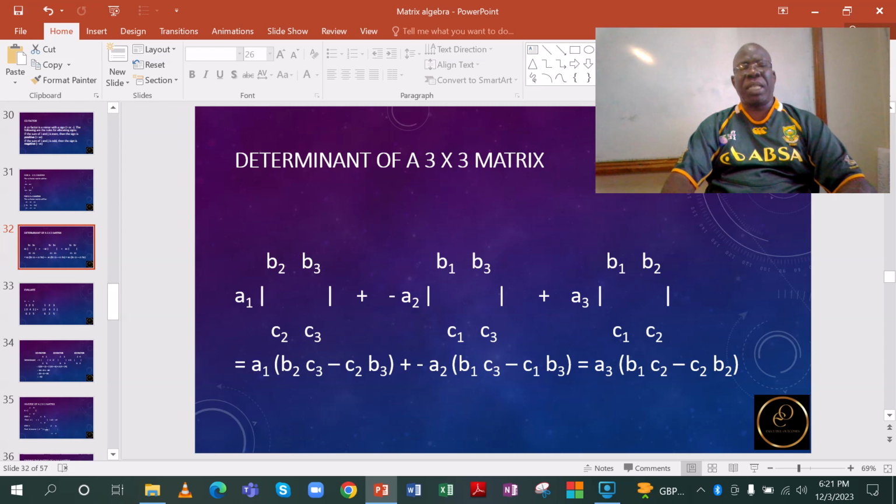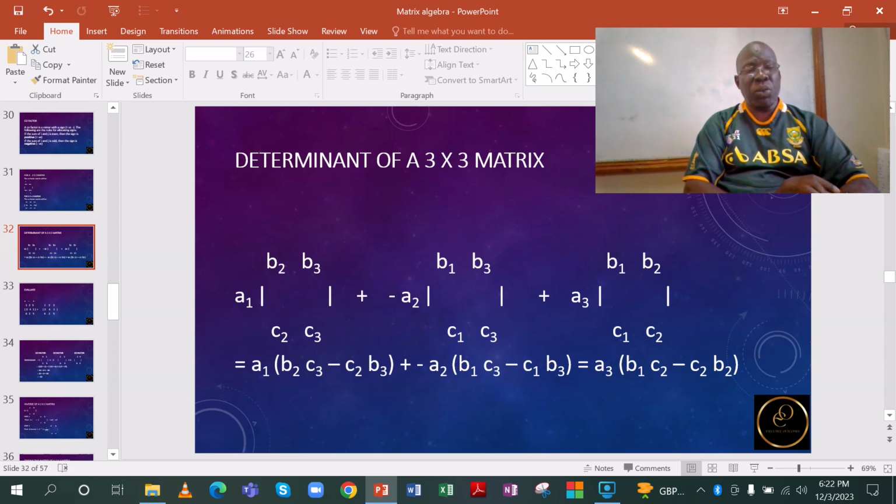In this case, we look at the first row, which has elements A1, A2, A3. As I said, you come up with a minor for each element of that row. A1 has a cofactor sign found in the first row, first column, so it gives a positive.